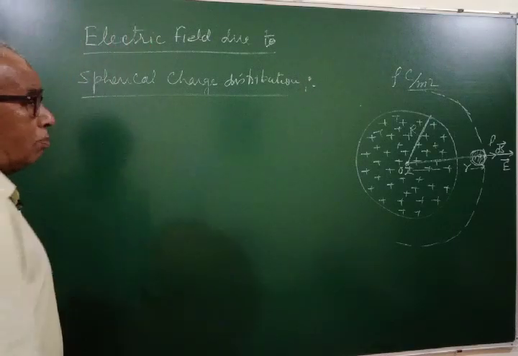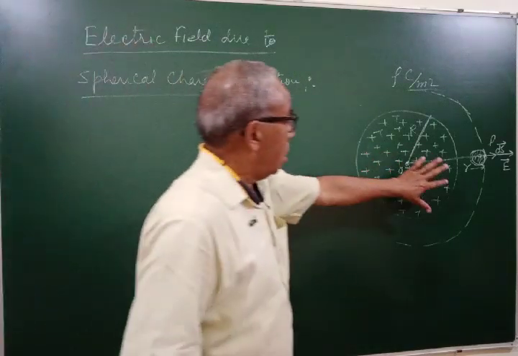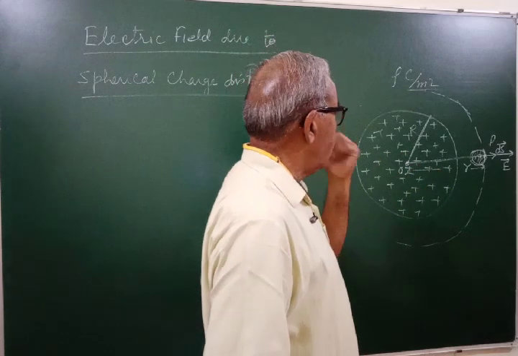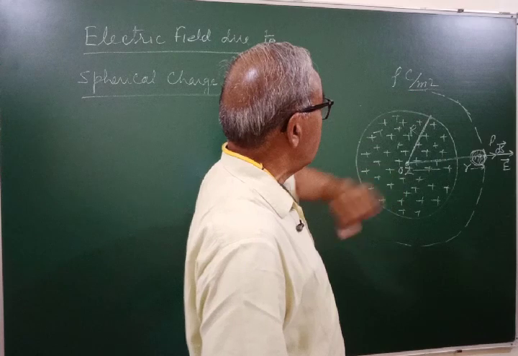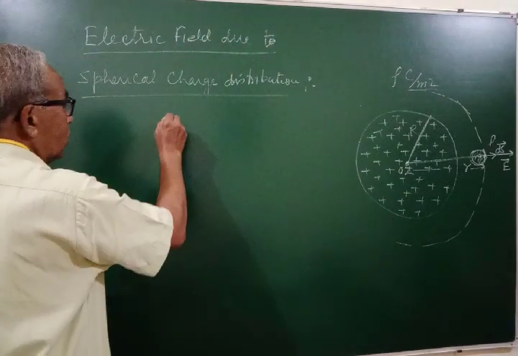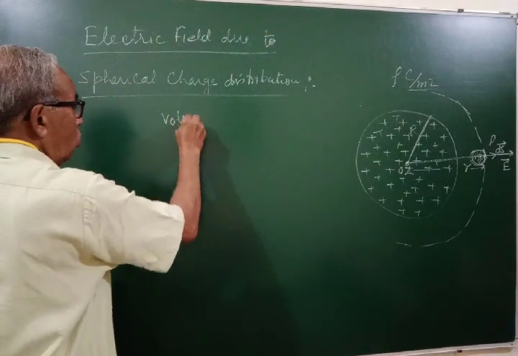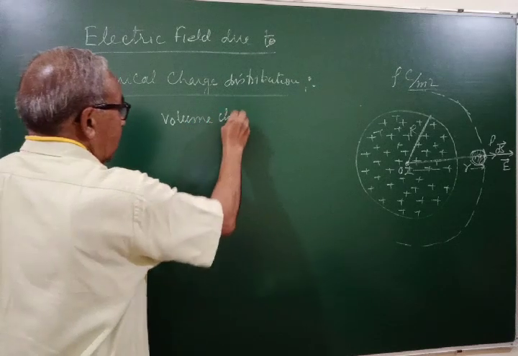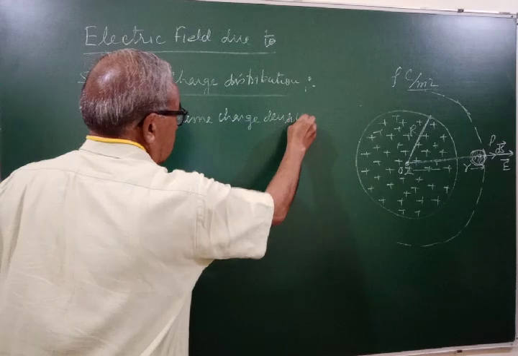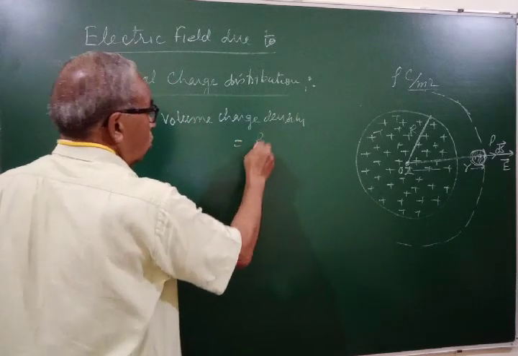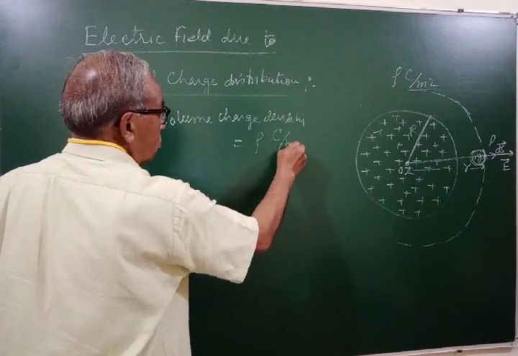So the figure shows a sphere of radius R which is filled with charge distributed uniformly such that its volume charge density is equal to rho coulomb per meter cube.